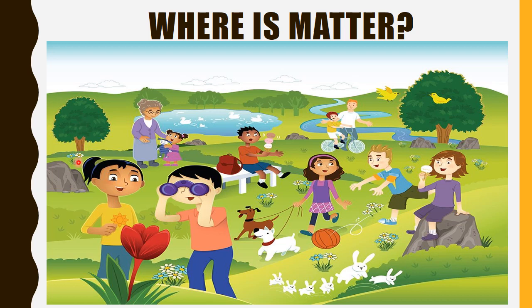The flowers, the rocks, the children, the bag, water, the ducks, and even the dogs and the rabbits. All animals are matter. The birds are matter. The bicycle. So everything around us is matter.